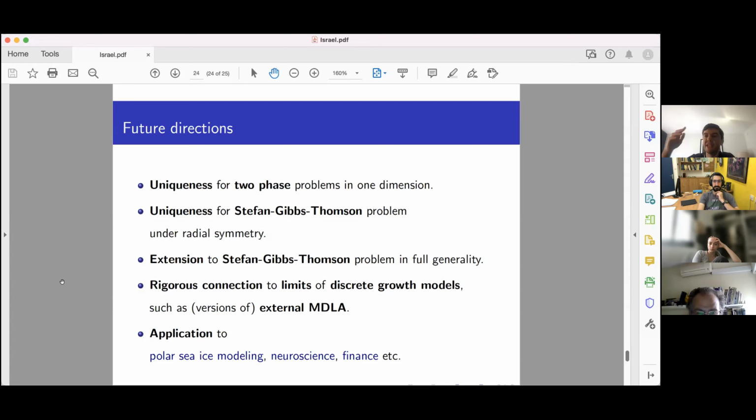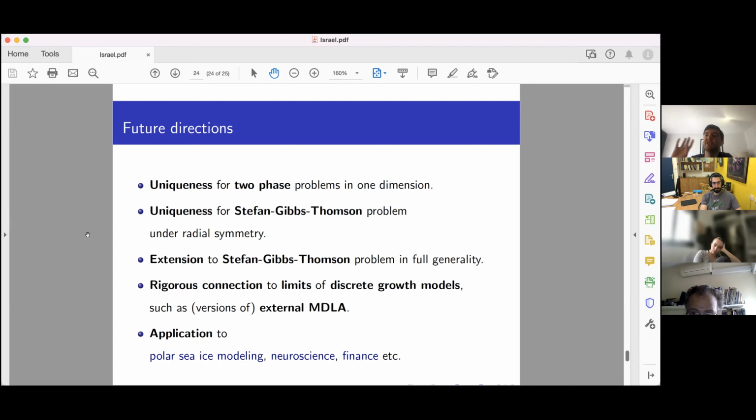And we think that this problem with surface tension, the one where the aggregate is more smooth, is a good reachable goal for this agenda. And in that case, you can prove well-posedness on the one hand by using DLA type approximations to get existence, and on the other hand by studying the regularity of solutions of heat equations in time-dependent domains, like we did in one dimension, to get uniqueness.